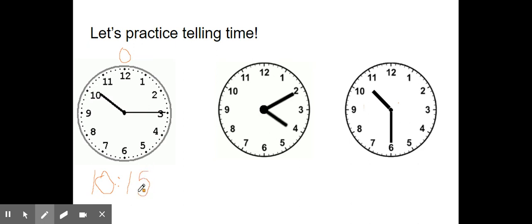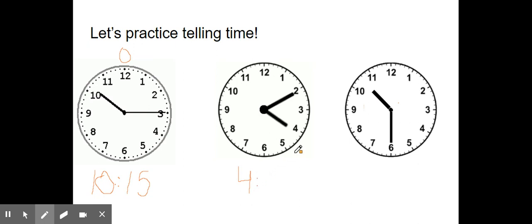Pause the video and see if you can do the next clock by yourself. Let's go over it together. I'm going to start by looking at the short hour hand. I see that it's in between the 4 and the 5. Is it 4 o'clock or 5 o'clock? I'm going to go back to the hour that came before. So it is going to be 4 something. I'm going to put my 2 dots again.